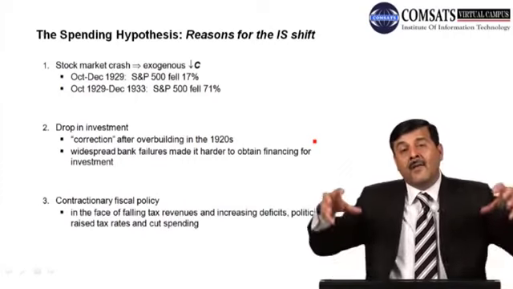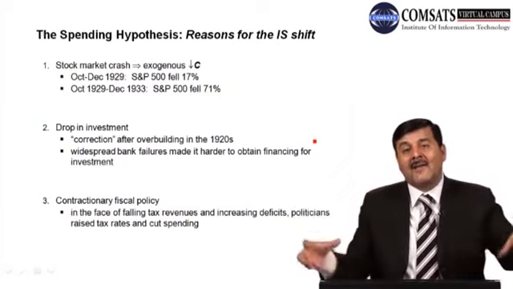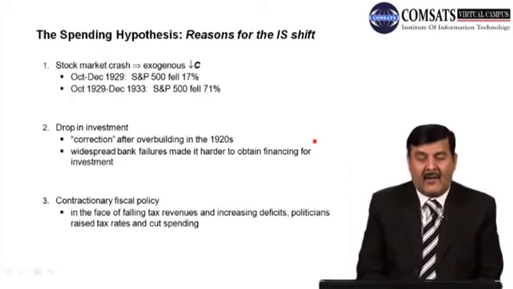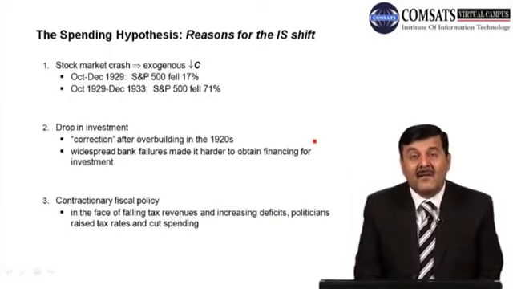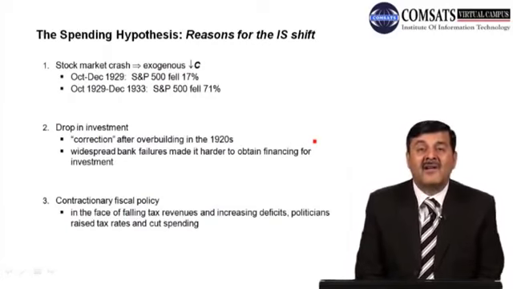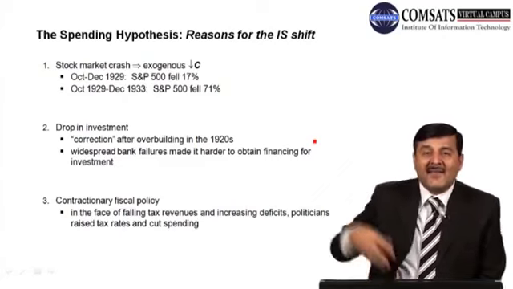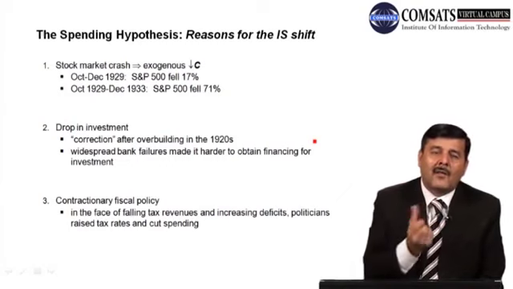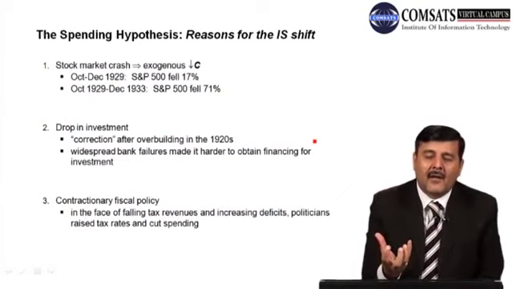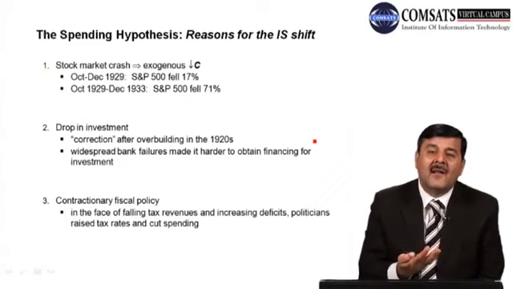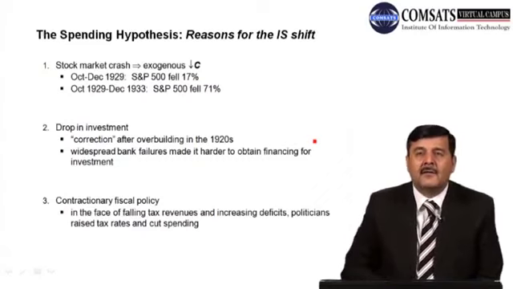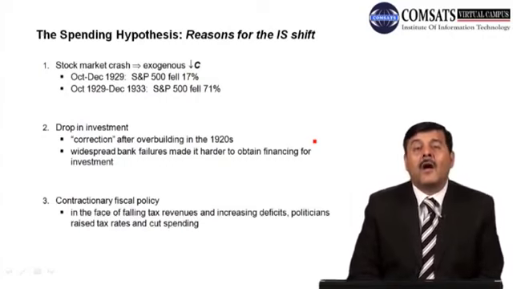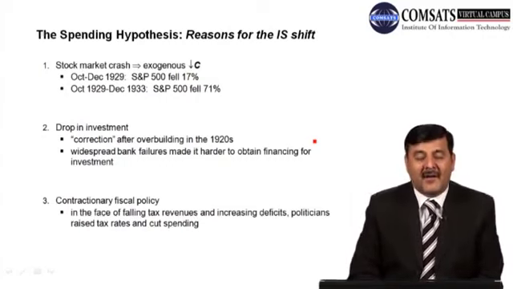So there was an excessive fall in the stock market index of 71% between 1929 and 33. जब इतनी excessive कमी वाक़ई हुई, इतना crash हुआ stock market में, तो उससे consumption में कमी वाक़ई हुई. So this was one of the reasons of the shift in the IS curve to the leftward. इससे overall income में कमी हुई और Great Depression की वजूहात बनी.